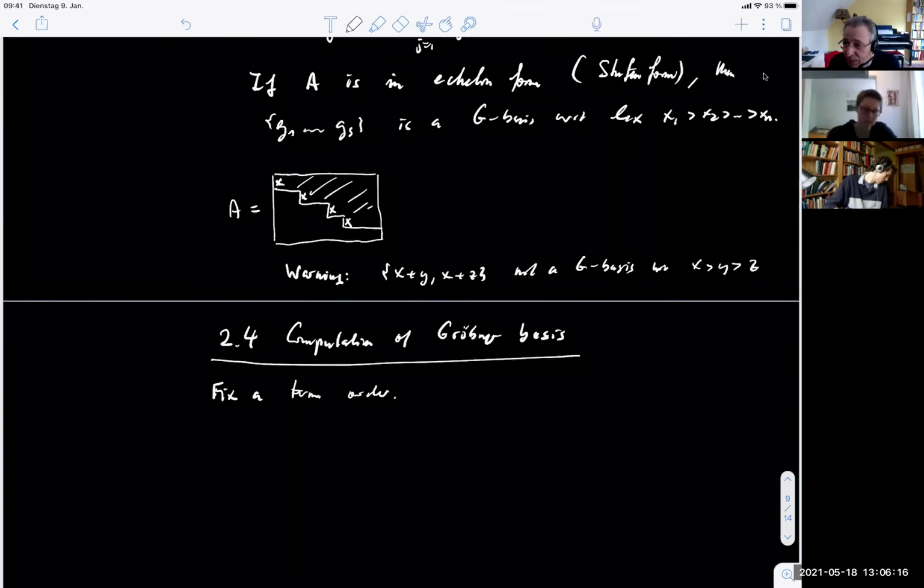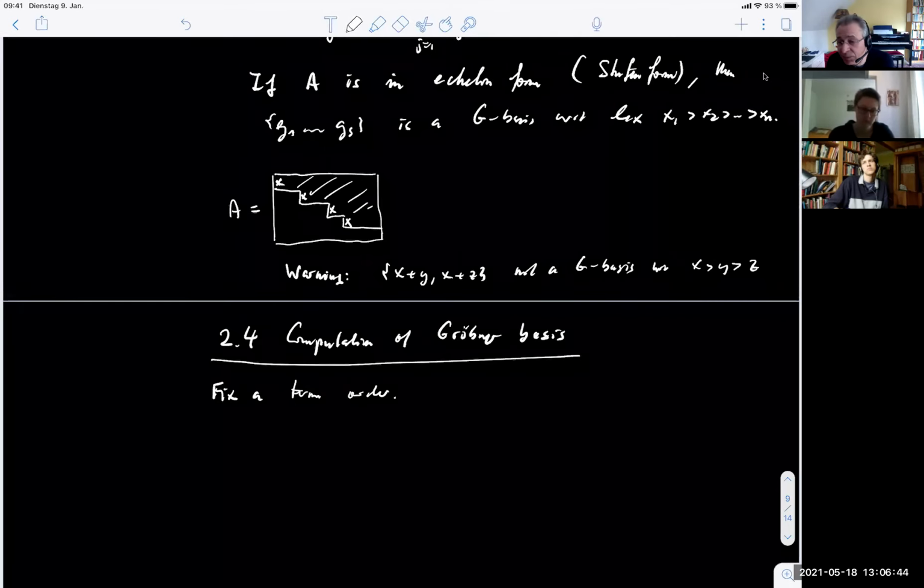When I get 0, I'm happy. Nothing to do. If I get a normal form which is not 0, then the idea is I just add this polynomial to my list. The S polynomial is in the ideal, and if I reduce modulo these polynomials, I still have a polynomial in the ideal.